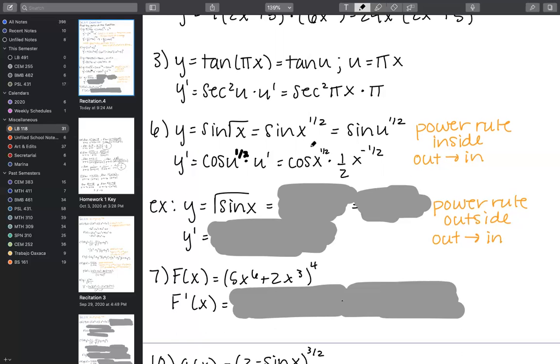So to contrast, here, rather than having the square root over the variable, we have it over the entire function. And so we're going to do some fractional power manipulation, and we get that sine of x to the 1/2 is actually equal to the square root of sine x. And an important thing to note, because you will be given problems in this form, is that these two statements are equivalent.